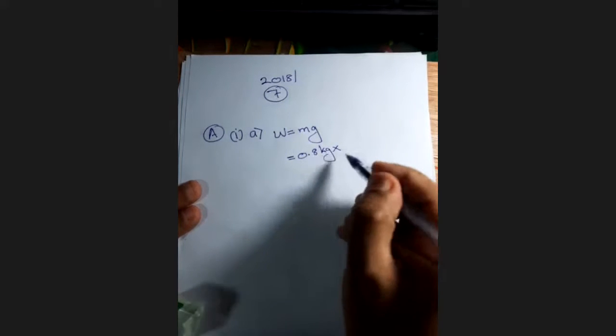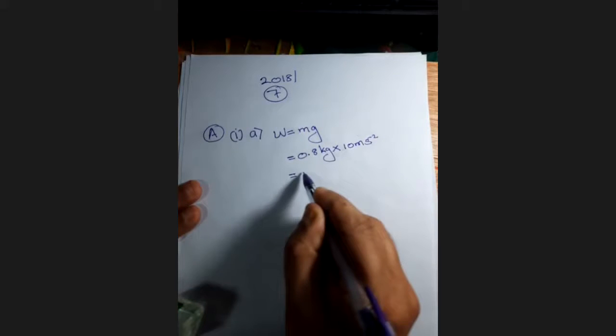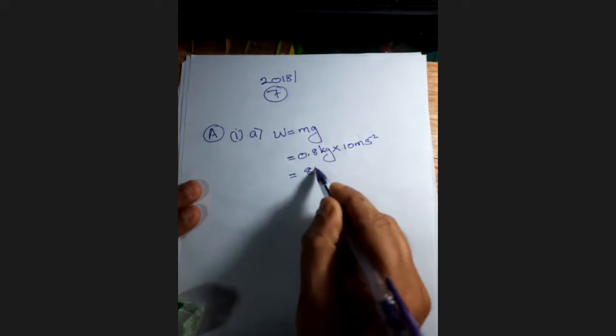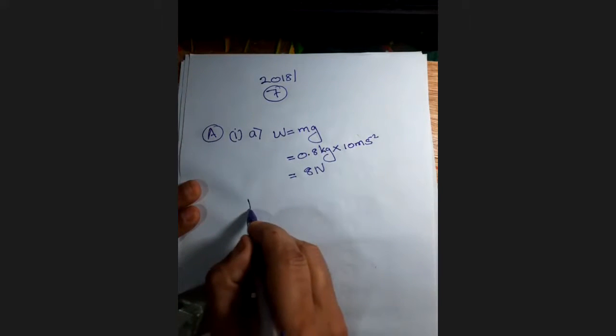So you need to write it in kilogram, 0.8 kilogram into gravitational acceleration 10 ms minus 2. So that is going to be 8 Newton. Your first answer. Gravitational acceleration generally they will give you. Here also they have given you.